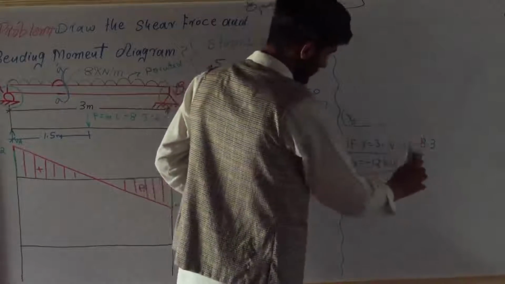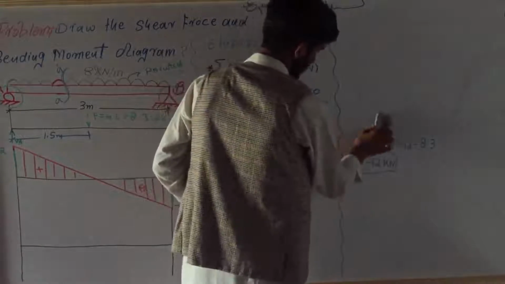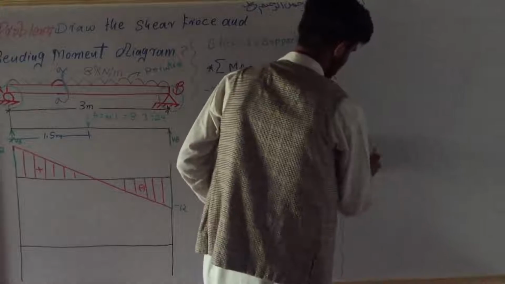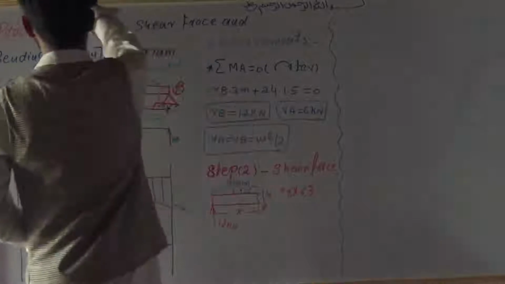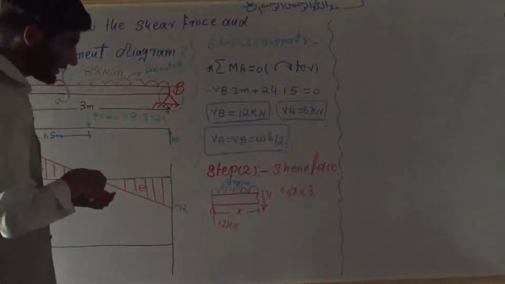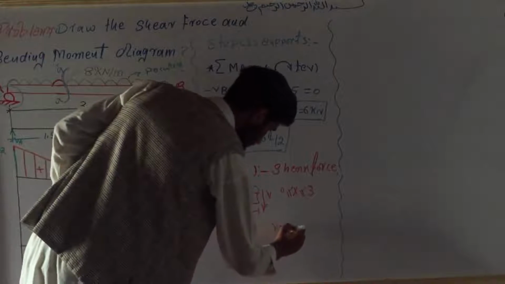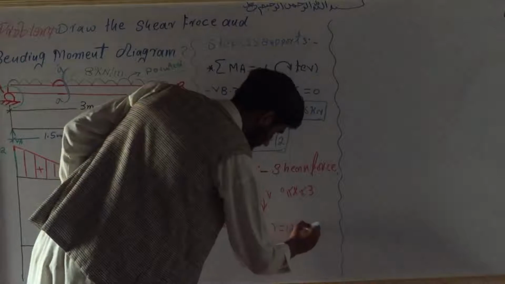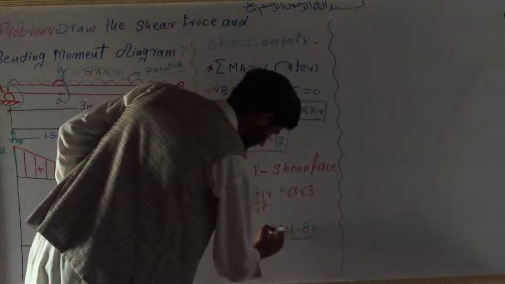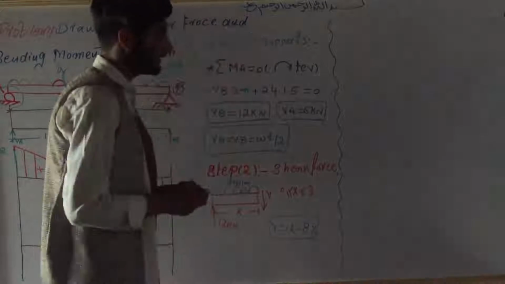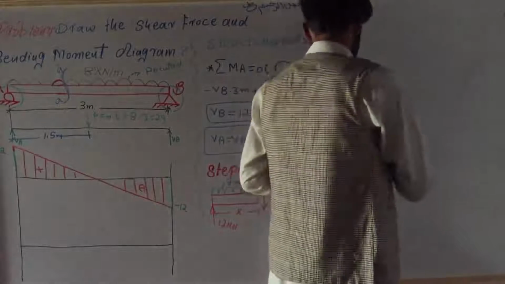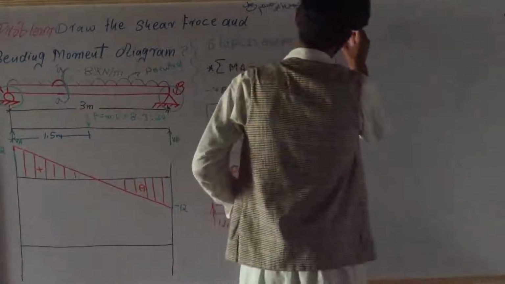Our shear force equation was okay. I want to write the shear force here. Our shear force equation is V equal to 290 minus 8x. So let's find the bending moment.